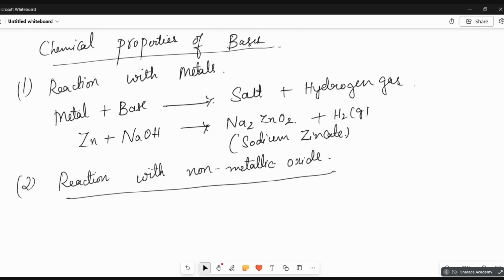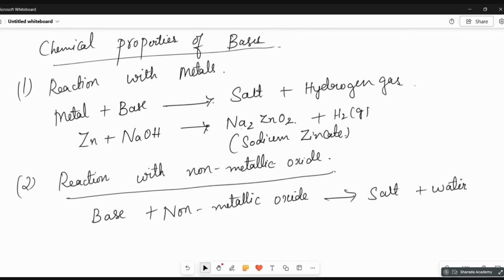So when acid reacts with a base, what do you get? Salt plus water. So here also we'll get the same thing. Base plus non-metallic oxide, you will get salt plus water.